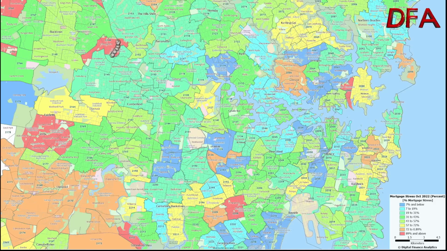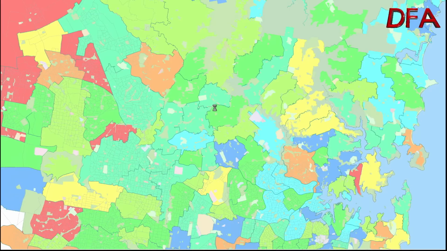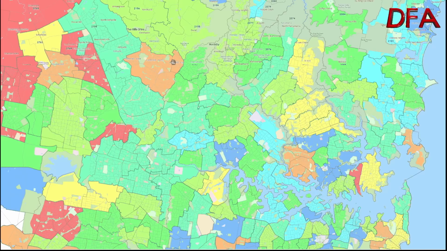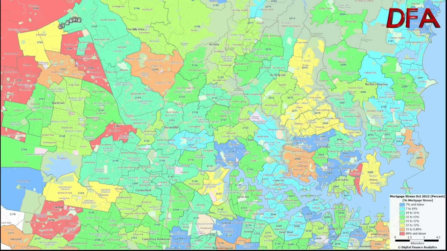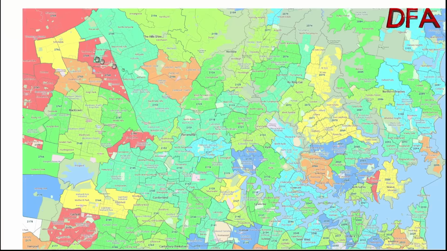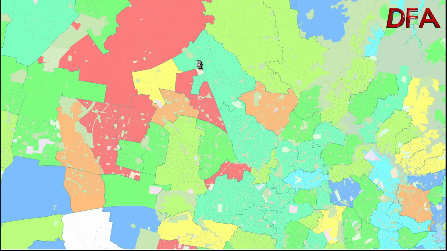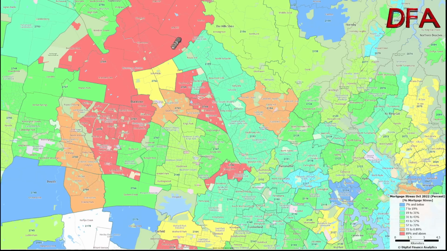And Gaby up there at 2146 is also not looking too good. If you go up a bit higher, you can see places like Castle Hill and the Ponds, Stanhope Gardens. That's all where that high growth corridor is. And if you go out this way, you can see that places like Riverstone, above Blacktown, Vineyard, all areas where you've got huge pressure.